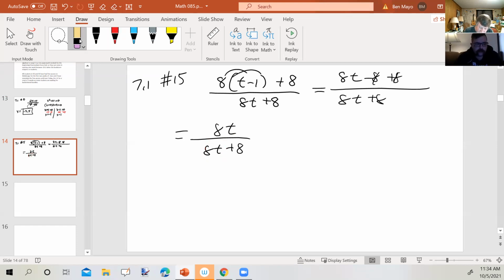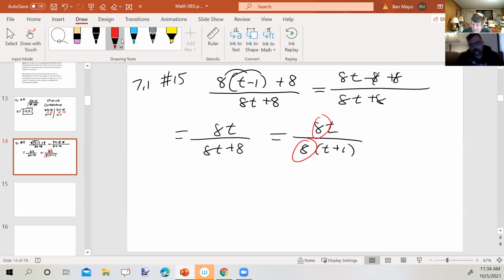So what I've got to do is factor out an 8. Okay. Now, this 8 in the numerator and this 8 in the denominator are factors of the entire numerator and the entire denominator respectively. Those reduce down to 1 over 1, and we have t over t plus 1.